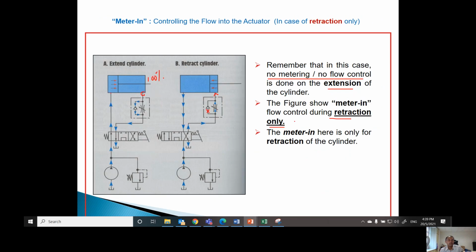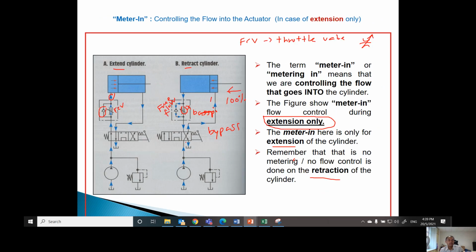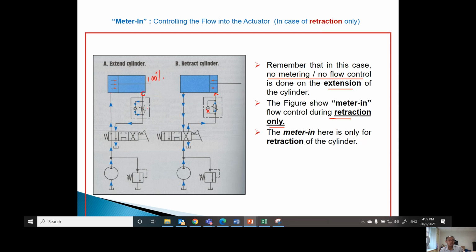It's all about the position of the one-way FCV. Okay, this is the one-way FCV, right? The whole thing here. One-way FCV.